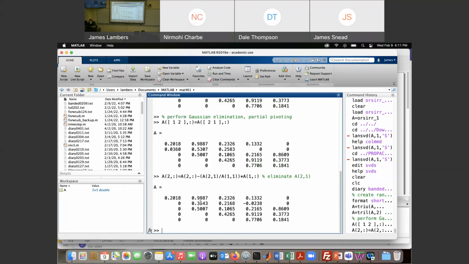Then I move to the second column, and we see again the row interchange is needed. The largest element is not on the diagonal. So I'm going to swap rows 2 and 3.